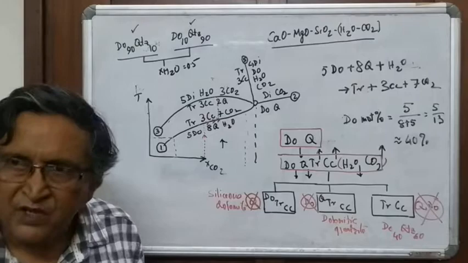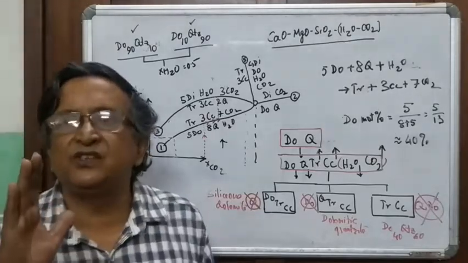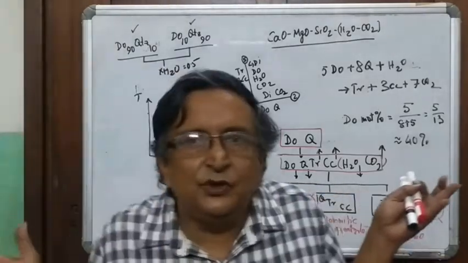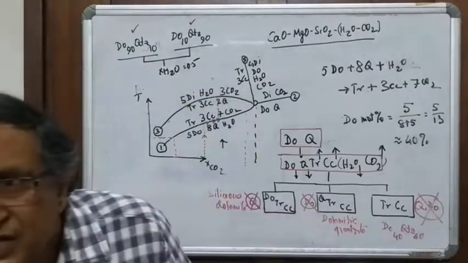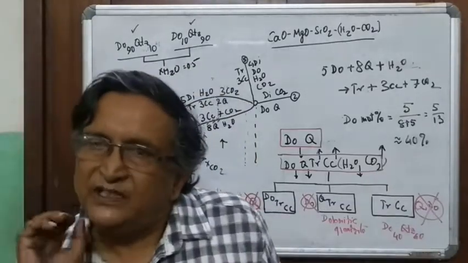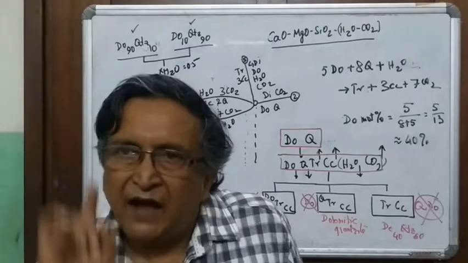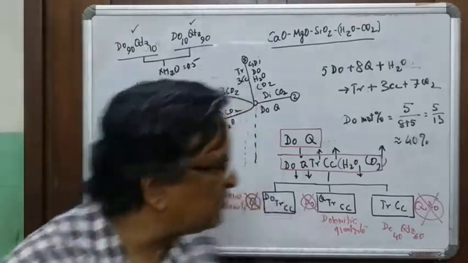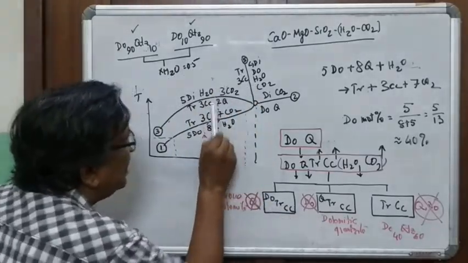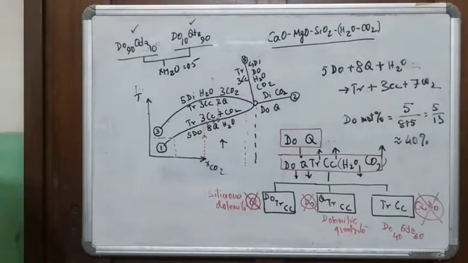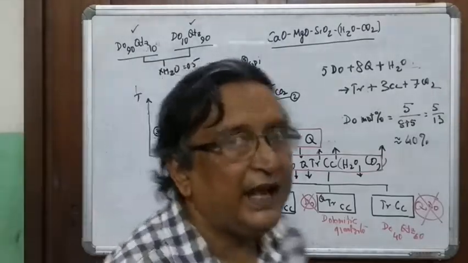Straight, because the temperature is rising, but there is no change in CO2 because no reaction is happening. So you are going up with the same fluid composition, but with increasing temperature. That is why your movement is along a vertical line.